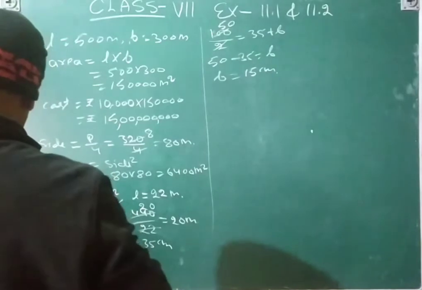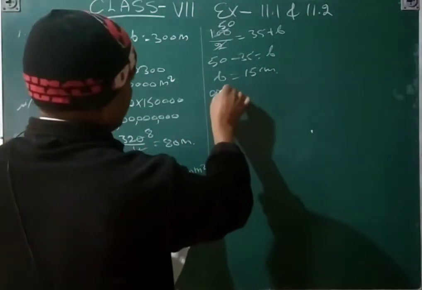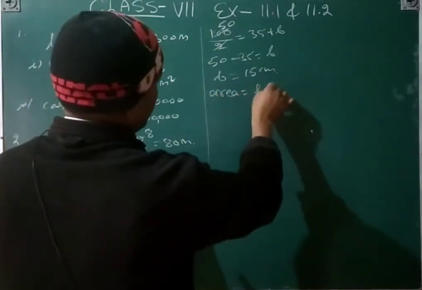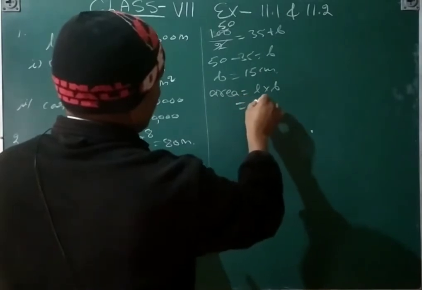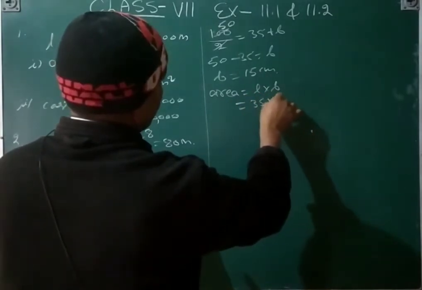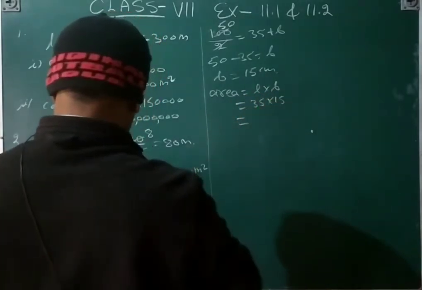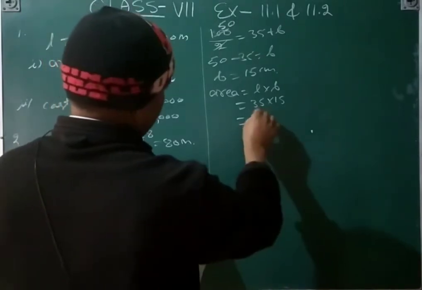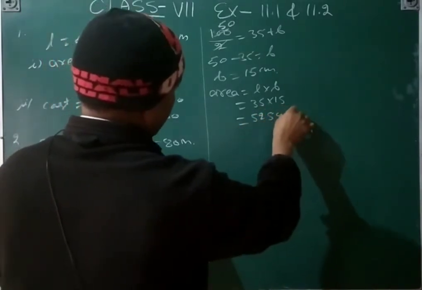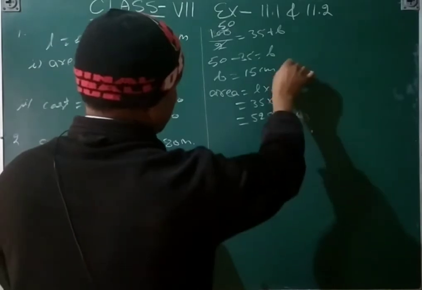Breadth is 15. Also find the area. So area is equal to L into B, 35 into 15, that will be 525 centimeter square. These two are the answers.